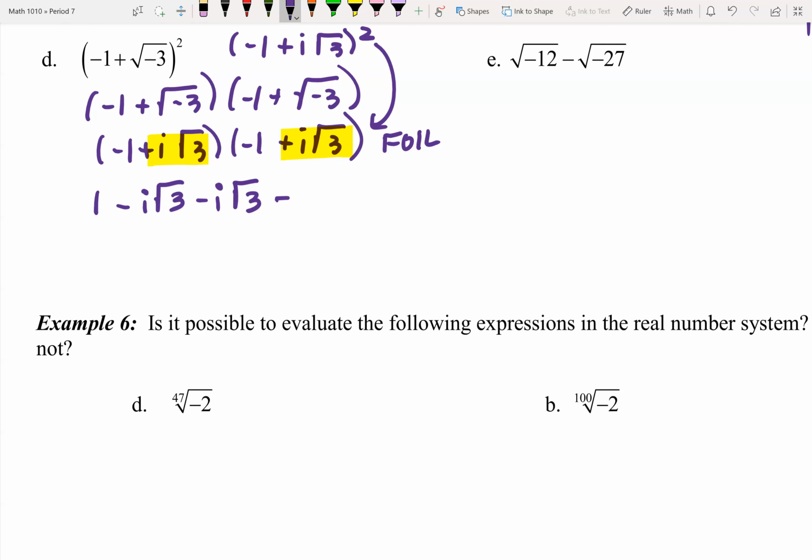That is 3. Good. Now let's write this as a plus bi. So I have 1 minus 3, that's a -2. Look at this, guys. -1 i square root of 3, -1 i square root of 3, that's a negative, what is it? 2i square root of 3.